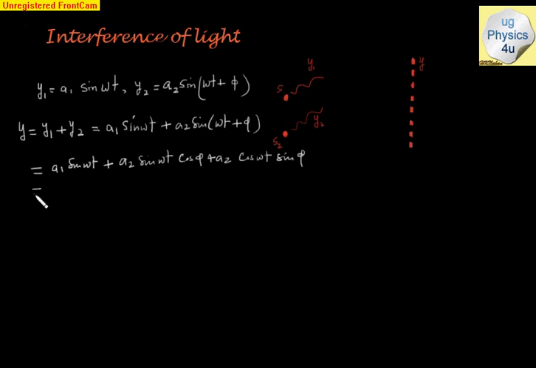Since sine omega t is present in both terms, let me take sine omega t common. Inside, I am left with a1 plus a2 cos phi, plus cos omega t times a2 sine phi. So now we have an omega t term and a phi term.